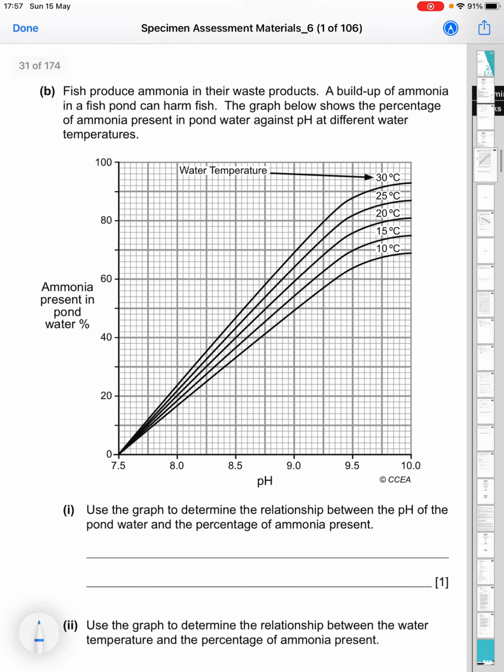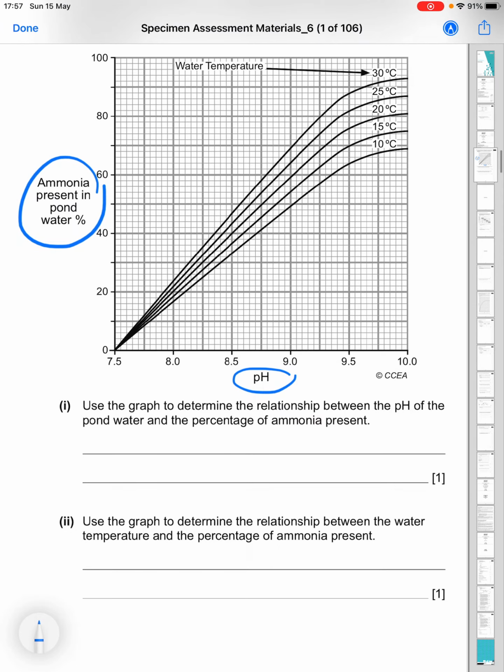Part B then is asking you to interpret some data. We've got this big graph. It says fish produce ammonia in their waste products. The build-up of ammonia in a fish pond can harm fish. The graph shows the percentage of ammonia present in pond water against pH at different water temperatures. So you see the ammonia present is on the y-axis and the pH is on the x-axis. Use the graph to determine the relationship between the pH of the pond water and the percentage of ammonia present.